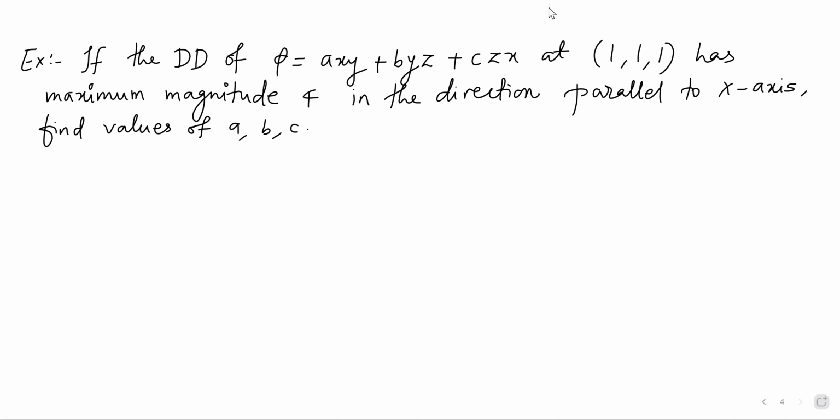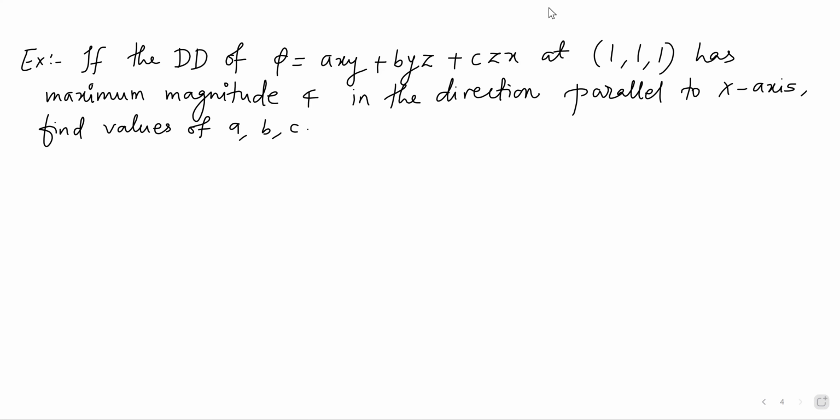That is its direction, and the magnitude is given by just taking the mod of that del phi. So what is provided here is that it has a maximum magnitude 4, but in the direction parallel to the x-axis.